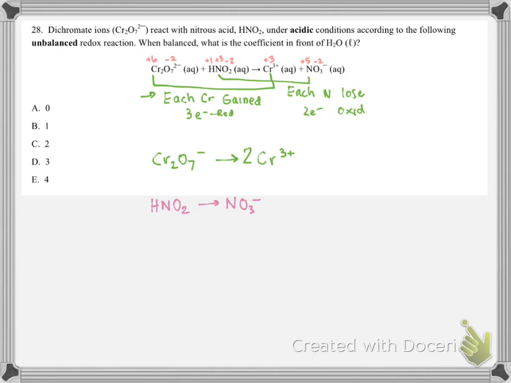And we have 2 chromiums in our reaction, so there will be a total of 6 electrons gained. And so now we need to account for the difference in the number of oxygens. So I'm going to add 7 waters to the right to match the 7 oxygens on the left. But now I need to account for the hydrogens that I've added in, so I'm going to add 14 protons.